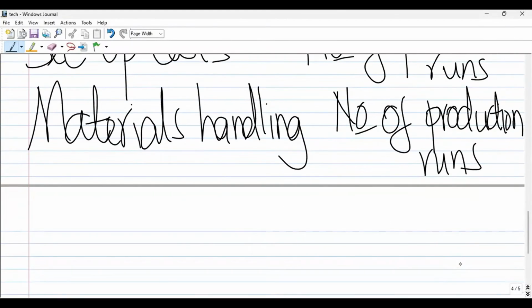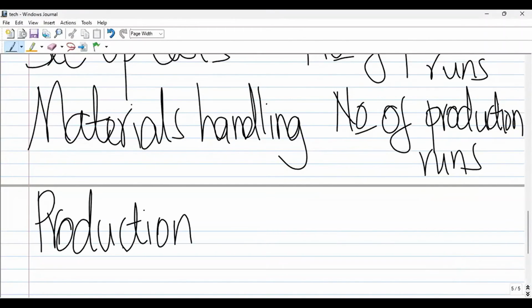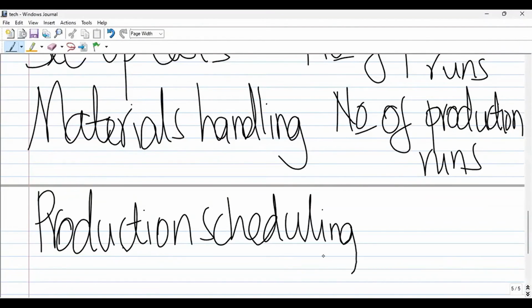Three, production scheduling: number of production runs.